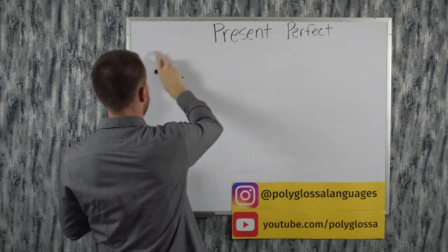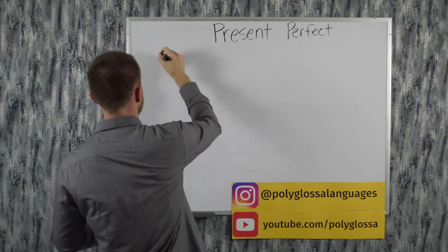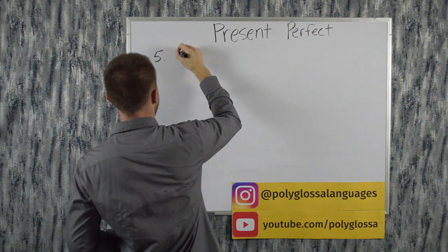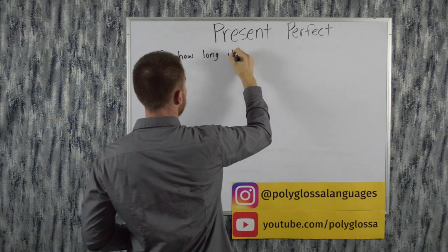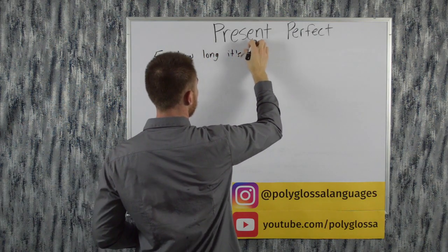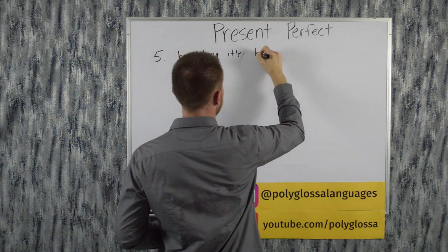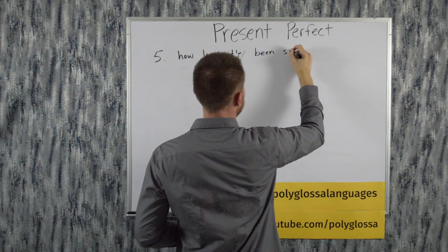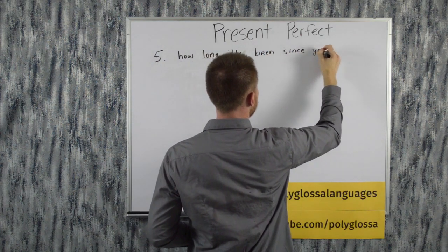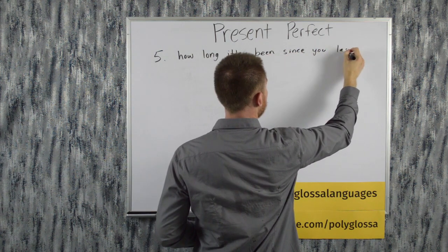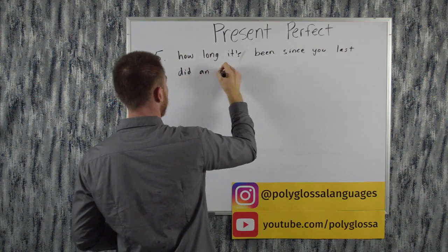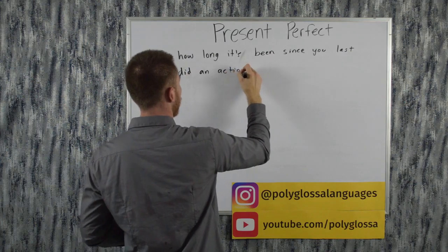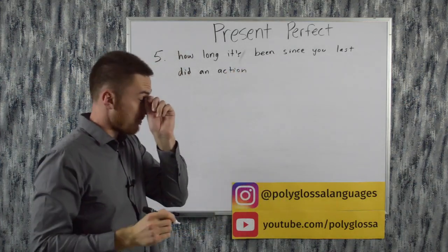So our fifth usage of the present perfect is to talk about how long it's been since you last did an action. Okay? So, let's take an example here.